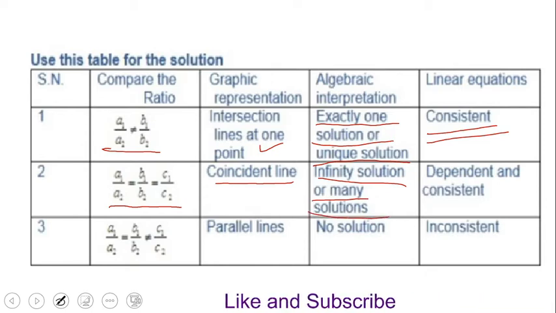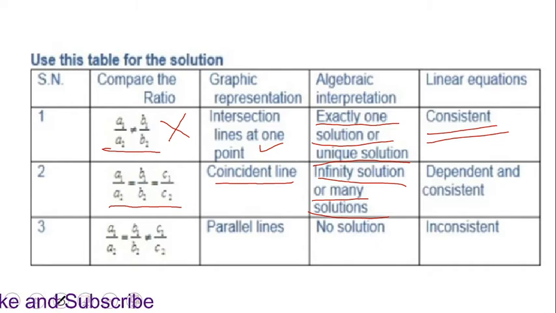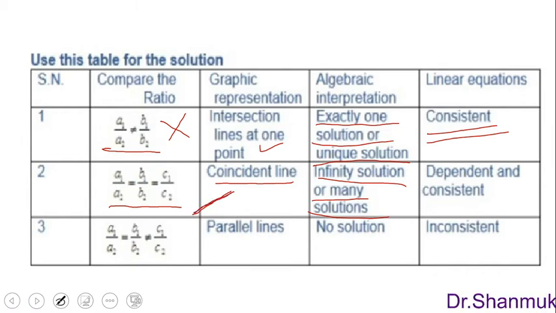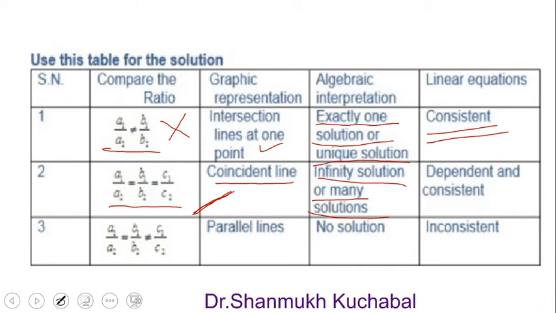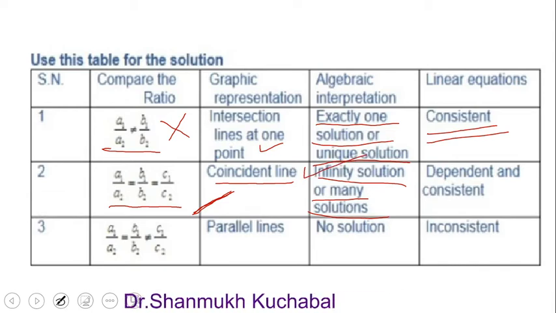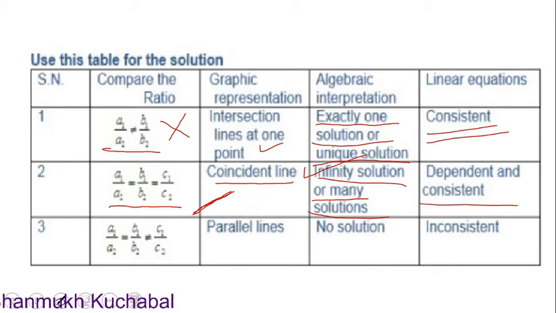Intersecting lines give a graphical representation like this. Coincident lines means one line lies exactly on the other line, as we observe here. Each and every point is a solution, so it has infinitely many solutions. It is a possible solution, so it is called consistent.